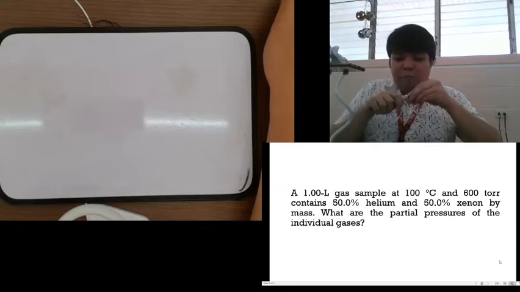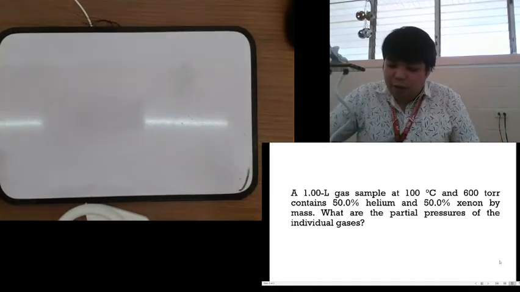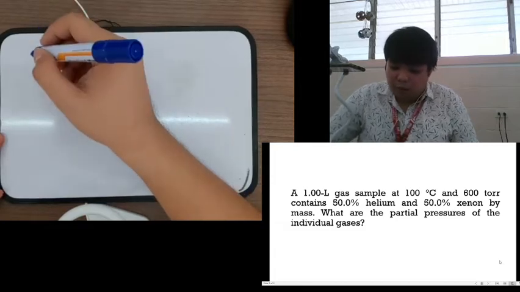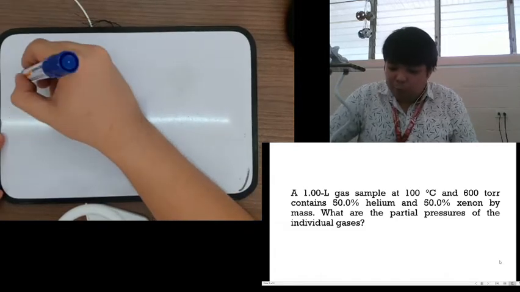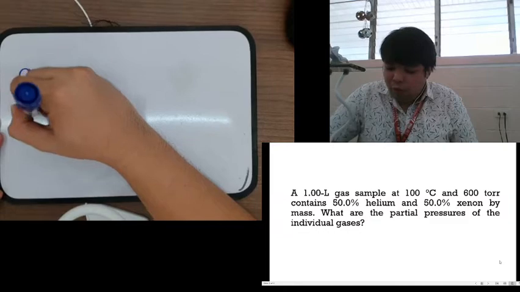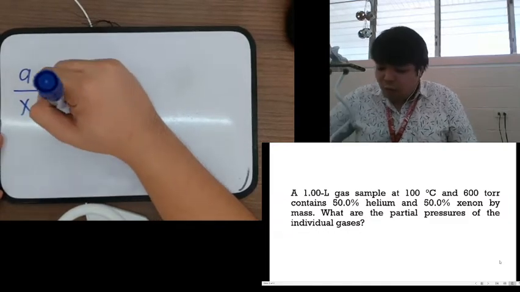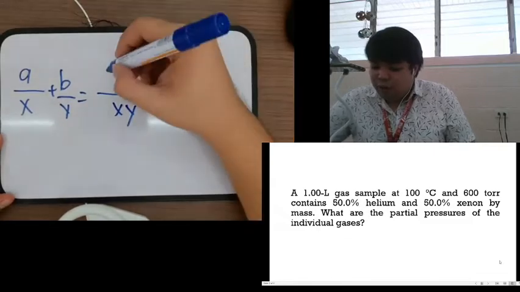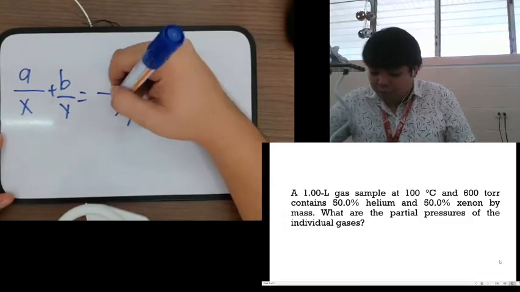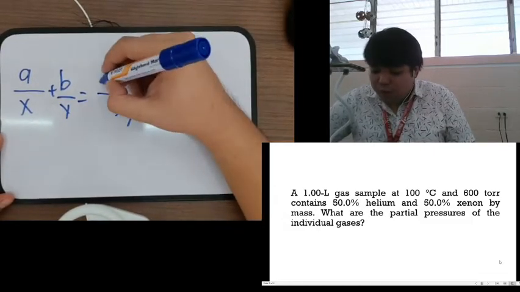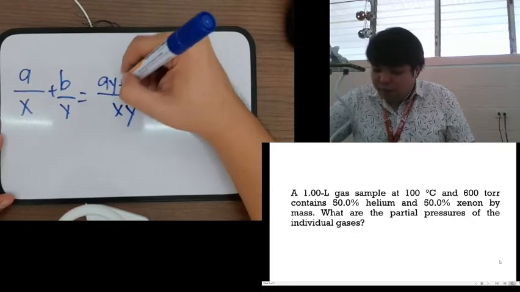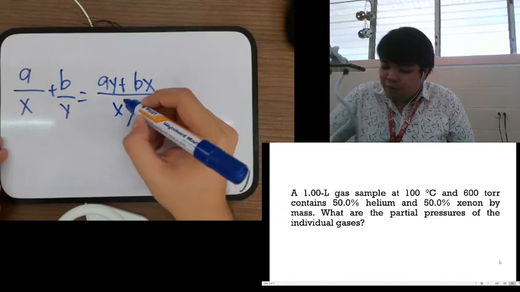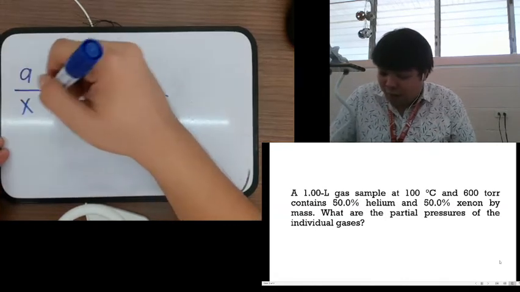Okay, going back, remember in our algebra, if we have an expression of a over x plus b over y, this is equal to xy over, this is xy, our numerators will be ay plus bx, okay? Remember that our common denominator will be xy.